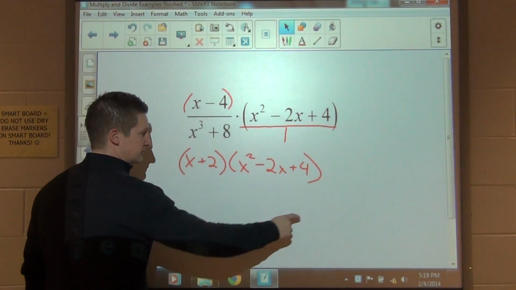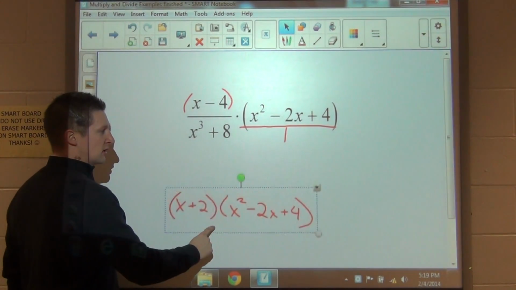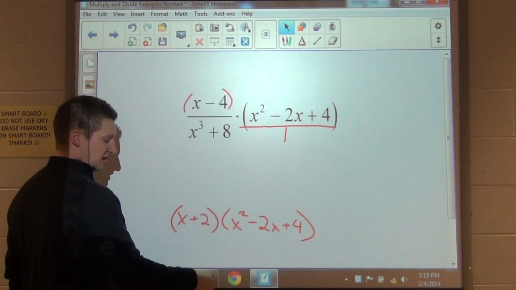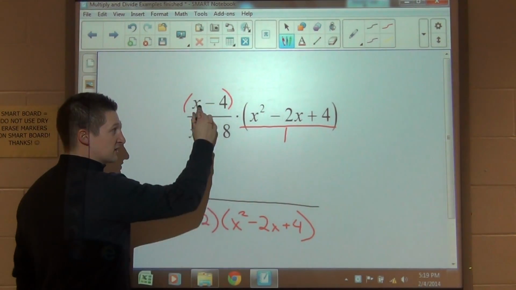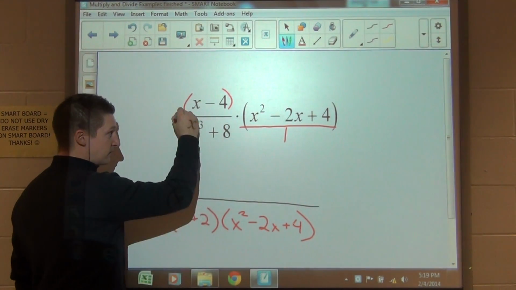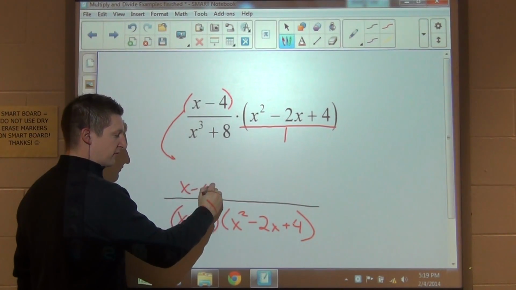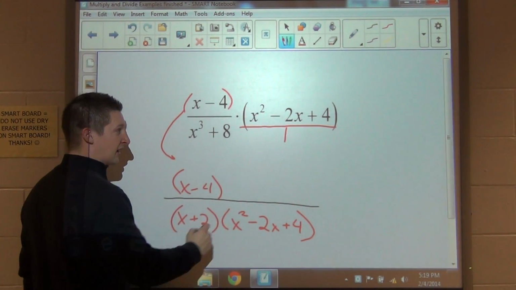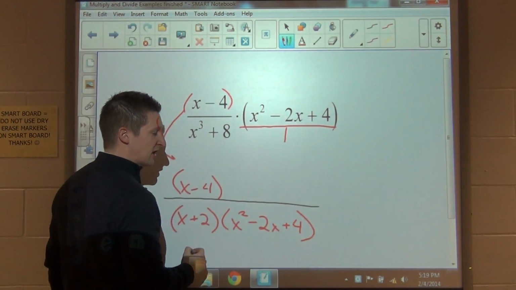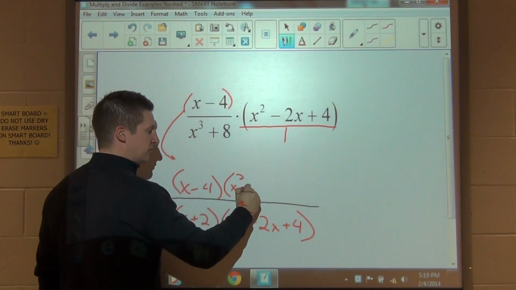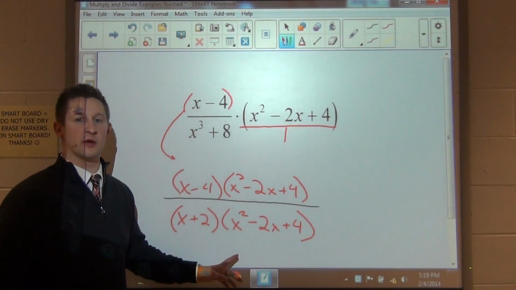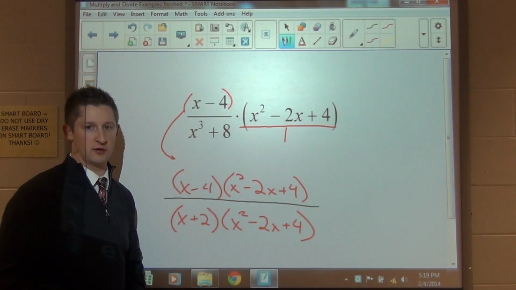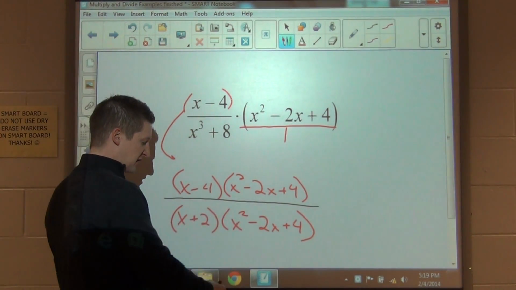Now if you notice, these two terms come from x cubed plus 8, so this would be my denominator. My numerator is x minus 4, which I had from the first numerator, and x squared minus 2x plus 4, which can't be factored, but if you'll notice, is exactly the same as the trinomial factor that made up our factoring pattern. So I don't need to factor this any further.